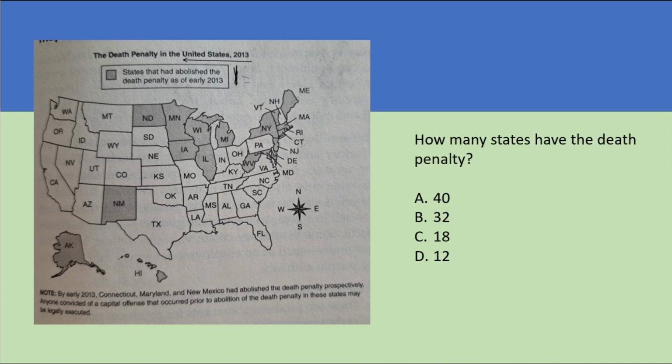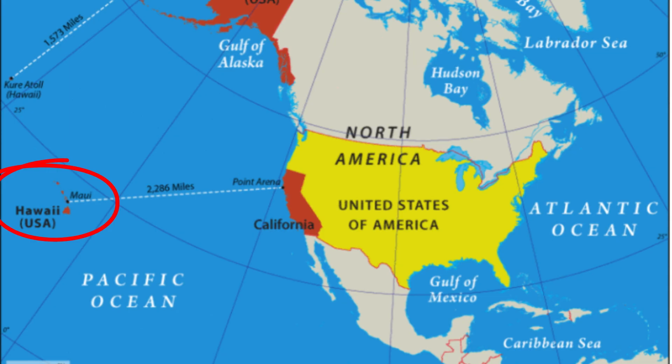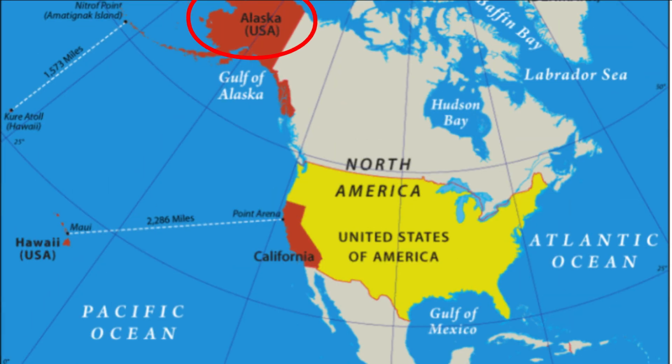Also, make sure you pay attention that when you see a map of the United States, Hawaii, a whole bunch of islands to the west, is going to be over here to the left of California, because they're islands. And Alaska is connected to Canada up here. So Canada is up here, right? All of this is Canada.